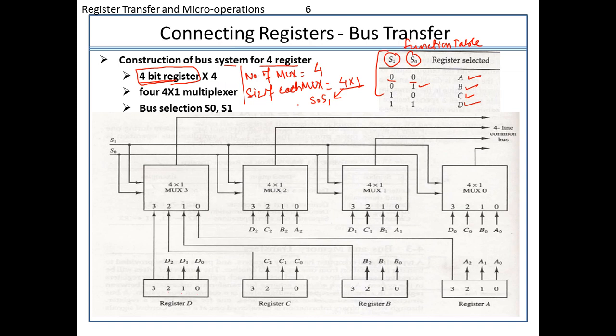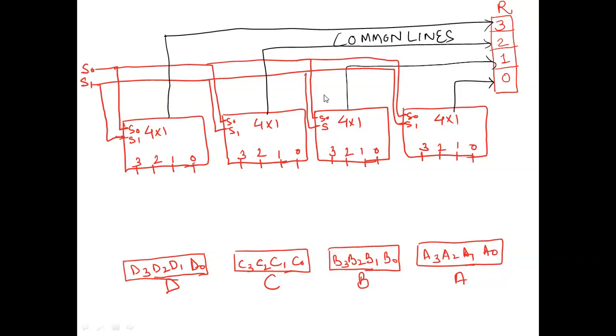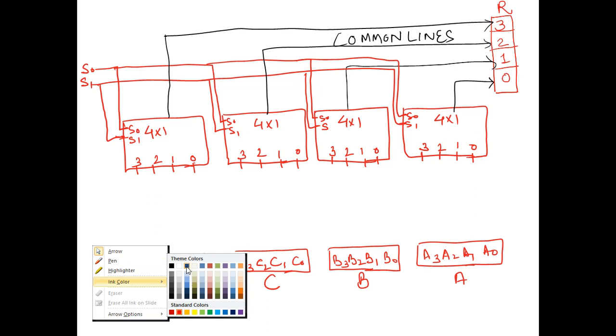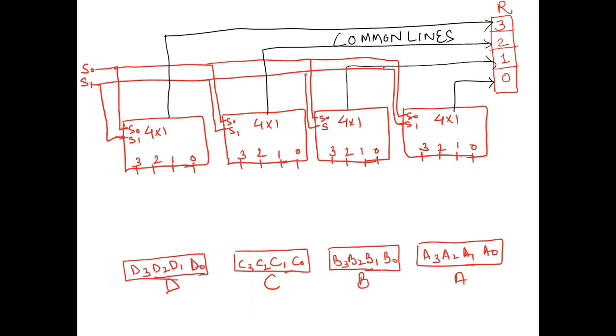So let's understand in more detail how it will be able to provide me a common bus line with the use of this entire scenario. I have designed a layout here, so let's understand how I can design the circuit diagram for this. These all are the registers, and these are the multiplexers.